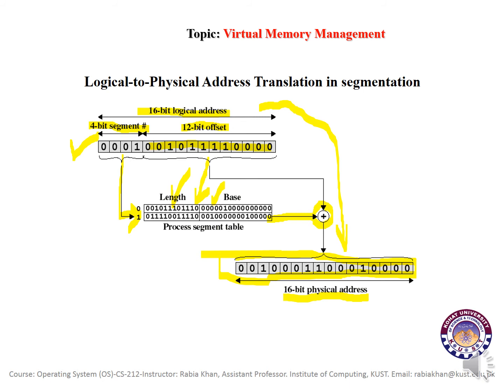So the translation process for paging and segmentation is slightly different due to the varying size of segments, while pages are all of the same size. I hope this translation process will be clear to you now, how it is performed in paging and how the translation is performed in segmentation.